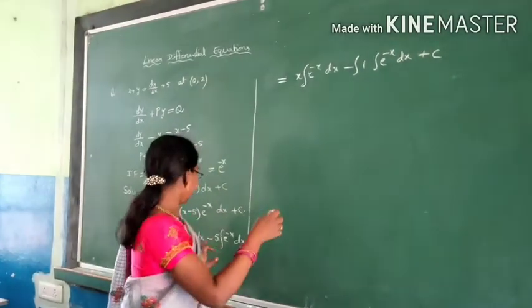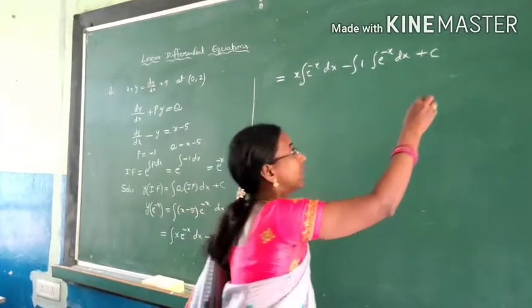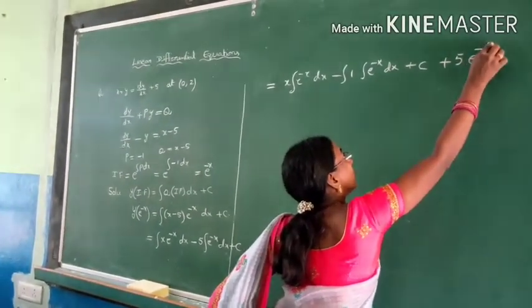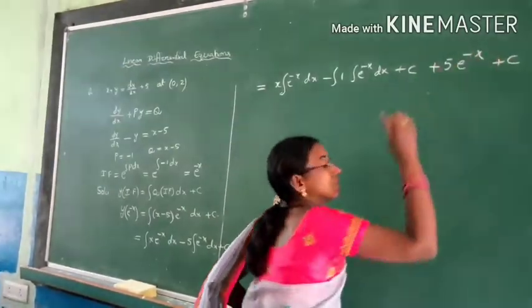Simplify, and again you have one more factor here, minus 5. The integral of e power minus x is minus e power minus x.